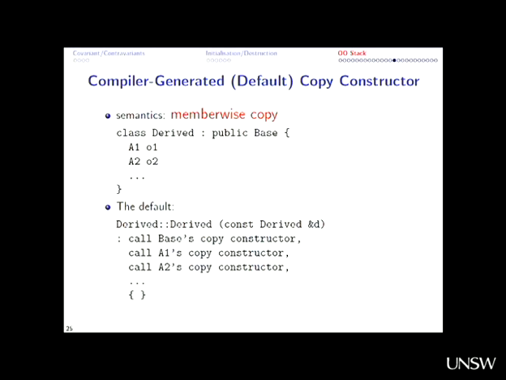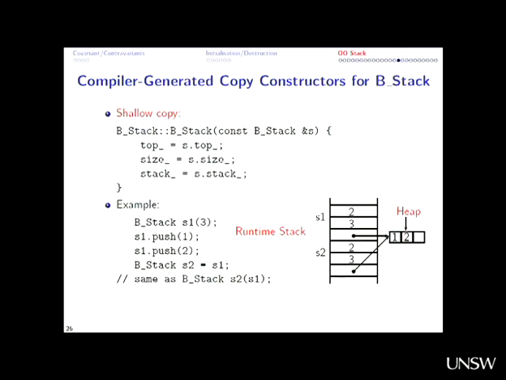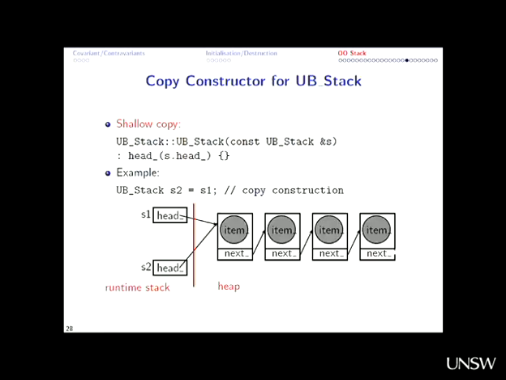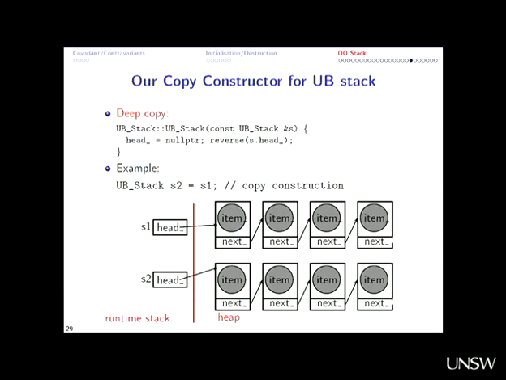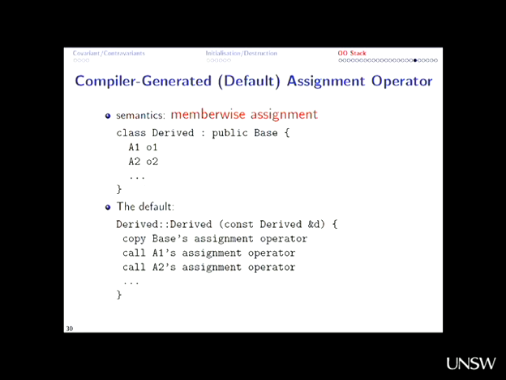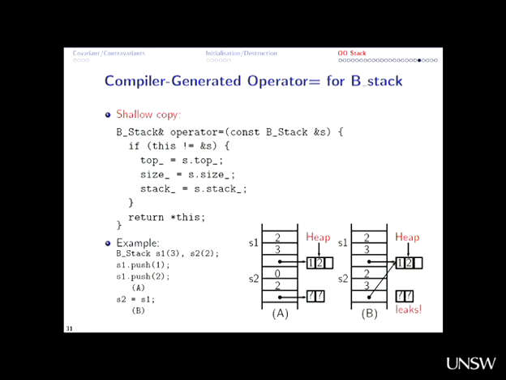The copy constructor for these classes doesn't work as we expect it to, for the same reasons that we've already seen way back when we did the construction of objects to start with. So we need to write our own copy constructors. The same applies for both the bounded and the unbounded stack, and for the assignment operators.